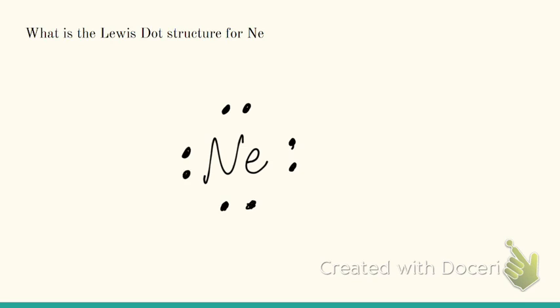All right, 8 is our maximum number that we can have. So this is going to be our full outer shell, our maximum number of valence electrons we're able to have. All right, now that covers our Lewis dot structures and our noble gas configurations.